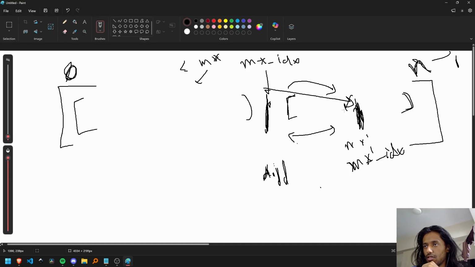And now if we go to here, we can apply the same logic, where if we look at the next one, we simply have another mx'' at mx''_idx, and we will try to increase this by the difference between these two.